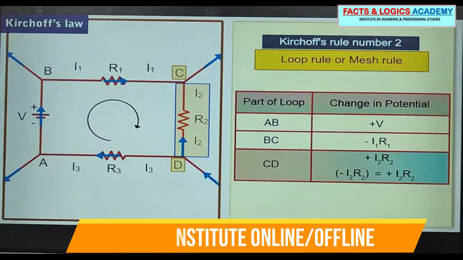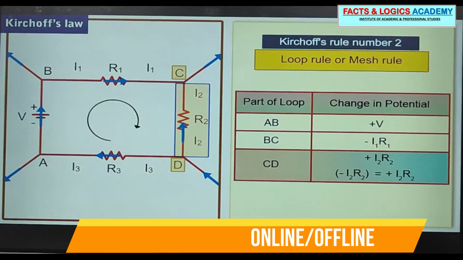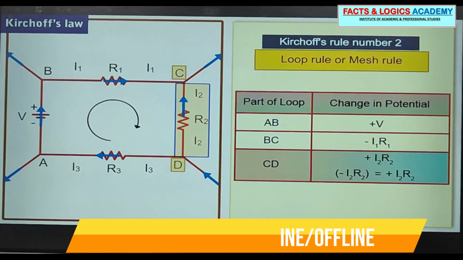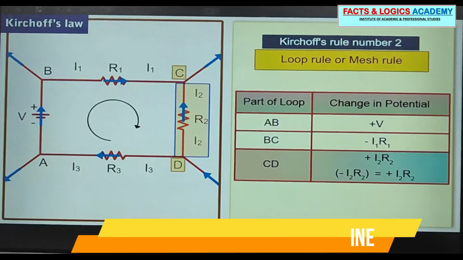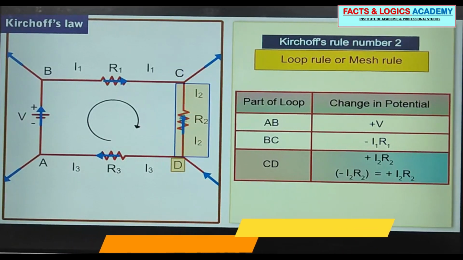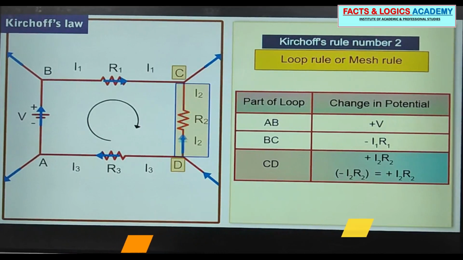Another way of expressing this concept is as follows. Here, charges are flowing from D to C. Therefore, point D is at a higher potential compared to point C. As we are calculating the potential change between points C and D, which is the potential at D minus potential at C, it is positive.